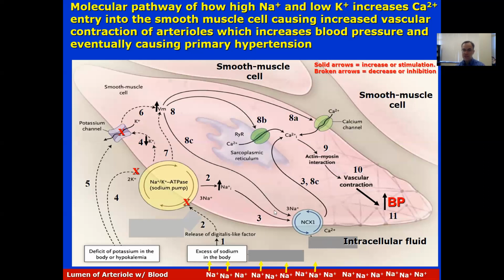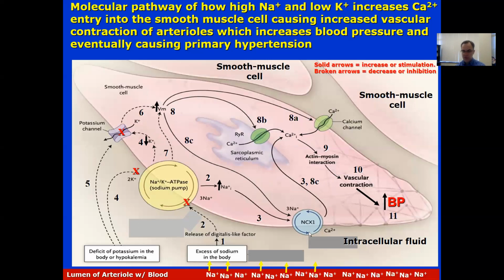So all of these steps from the kidneys to now the arterioles, with the reabsorption of sodium, contributed to the increased amount of calcium in the vascular smooth muscle cell that causes actin and myosin to interact, causing vascular contraction, a more narrow lumen for the blood to flow through. You have an increase in blood pressure.